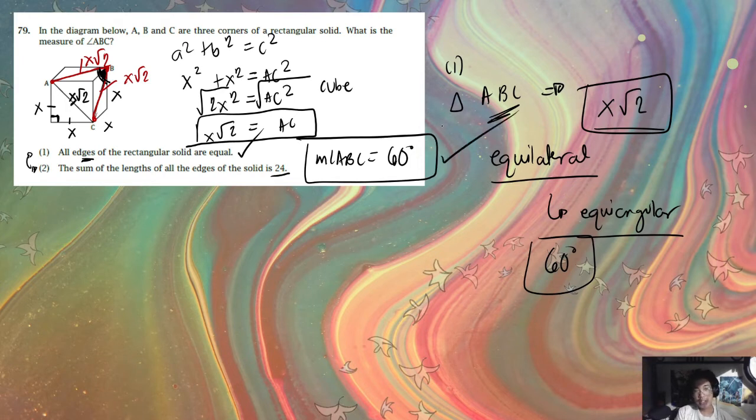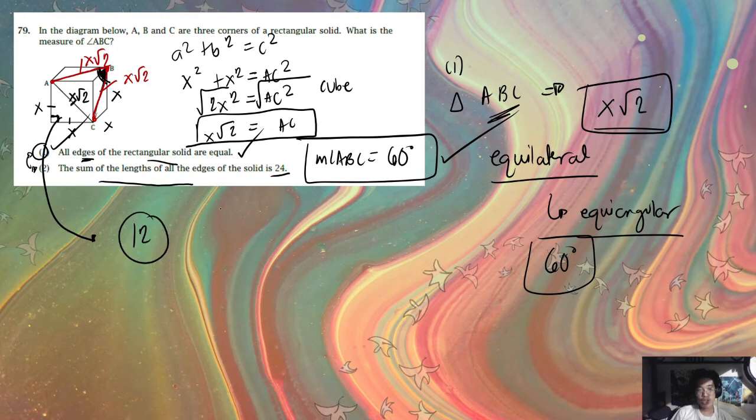If you look at it from a different perspective, there were no given numerical values, but we were able to solve this problem even without numerical values for the first given. Let's examine the second given: the sum of the lengths of all of the edges of the solid is 24. Since this is a cube, or a rectangular solid, we know that the number of edges is 12.